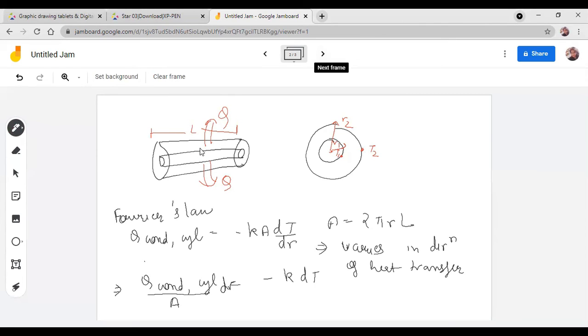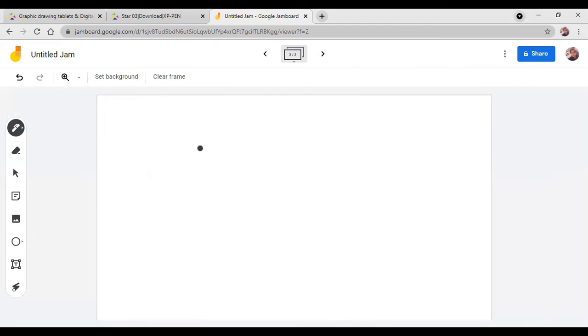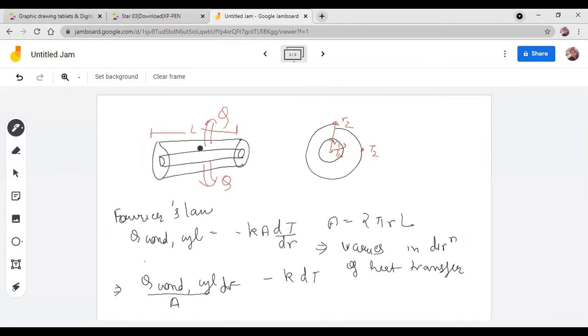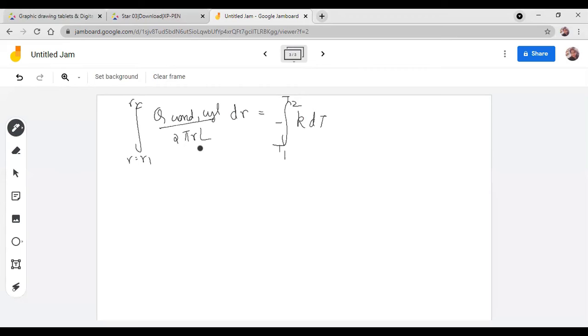We'll integrate this and substitute the value of A as 2 pi r L, to dr to minus K dT. The boundary conditions are T1 to T2 and r equal to R1 to R2. As you can see in this diagram, the inner surface is R1, T1 and the outer surface is R2, T2. So these will be the boundary conditions.